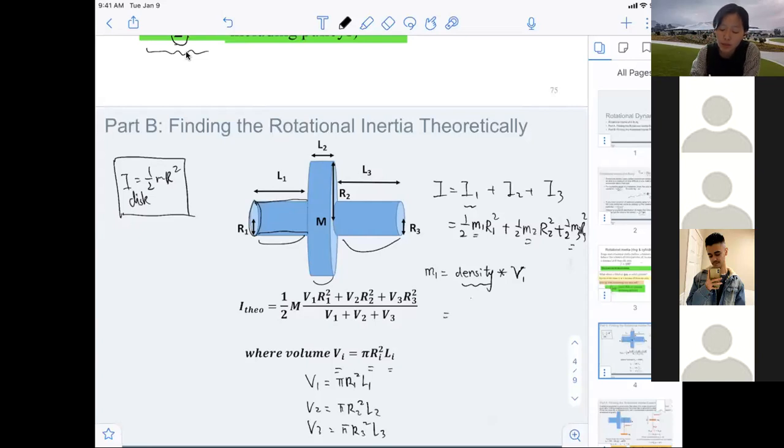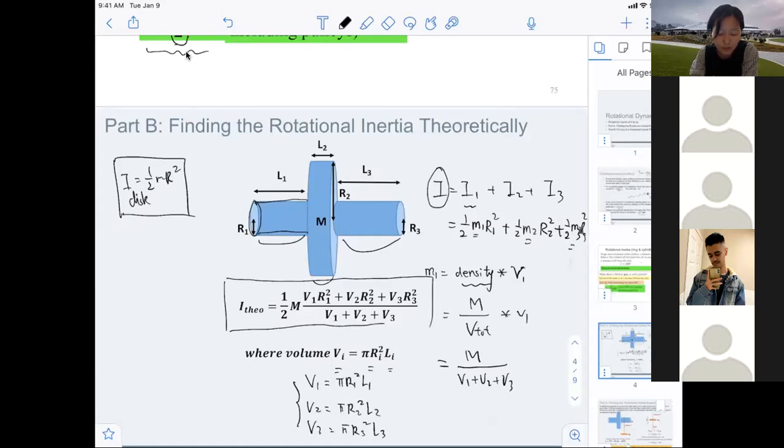So I can use the overall mass divided by the overall volume, V total, to get my density. The overall mass is whatever the wheel says on it. And the overall volume is all of these three parts added together. And each of the parts we know how to calculate, right? So eventually you have derived a formula for the theoretical value of the rotational inertia for the wheel.